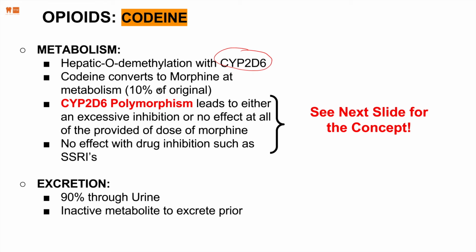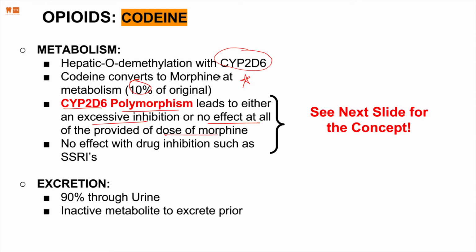Codeine converts to morphine at metabolism stage, 10% of original. But this point is very important because CYP2D6 polymorphism can lead to either an excessive effect or no effect at all of the provided dose of morphine.